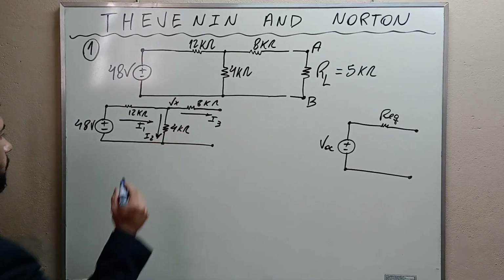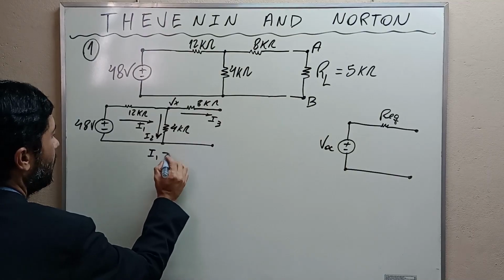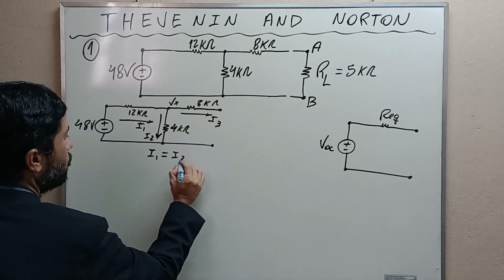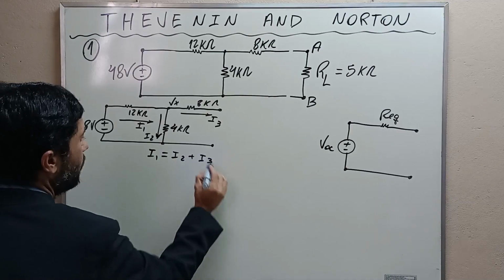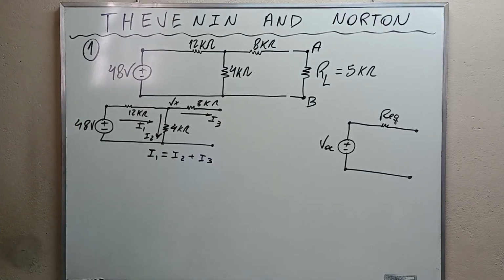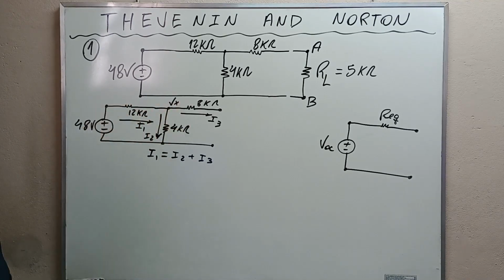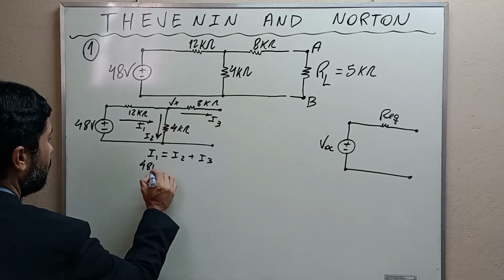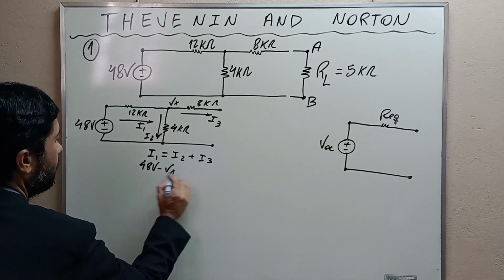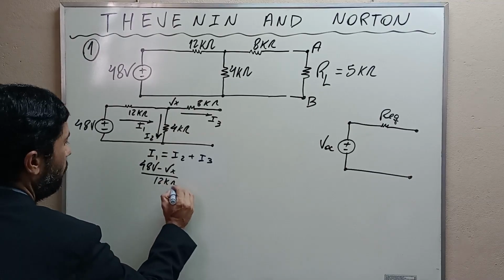So it is going to be I1 equal to I2 plus I3, alright? How can we write I1 in terms of voltages and resistances? Simply, it's going to be this voltage minus this voltage divided by this resistance, okay? So it is 48 volts minus Vx divided by 12 kilo ohms.